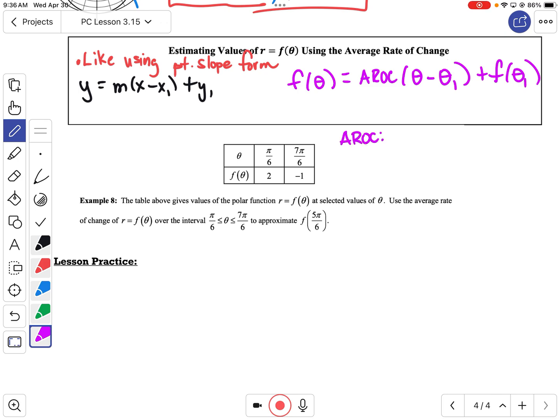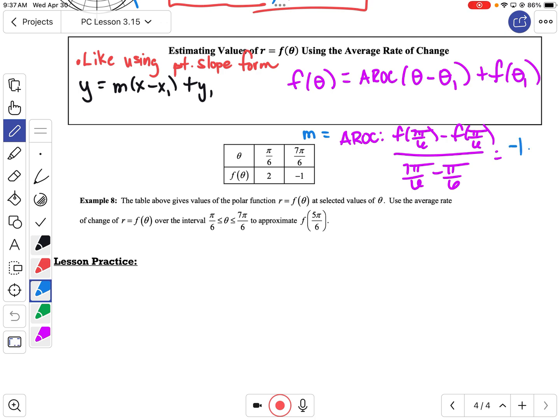Average rate of change would be f at 7 pi over 6 minus f at pi over 6, over 7 pi over 6 minus pi over 6. That average rate of change is the same thing as the slope that we're going to use. So f at 7 pi over 6 comes out of my table.